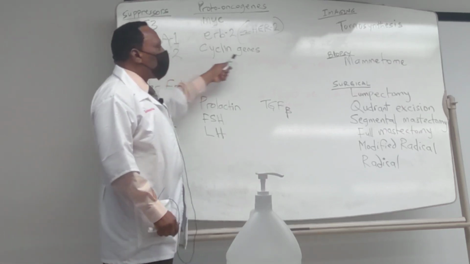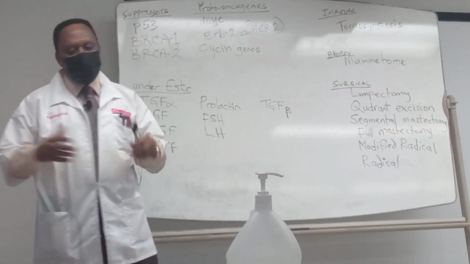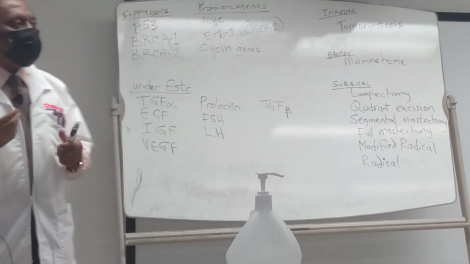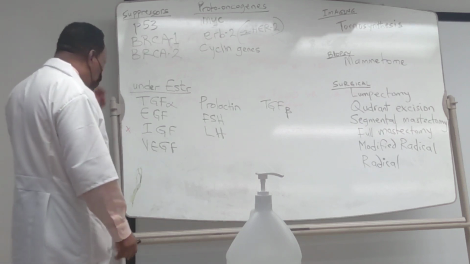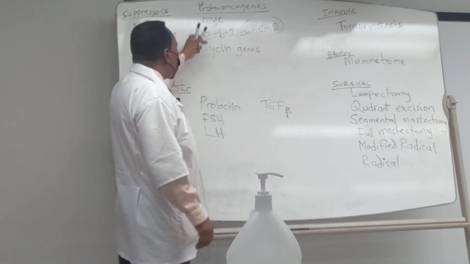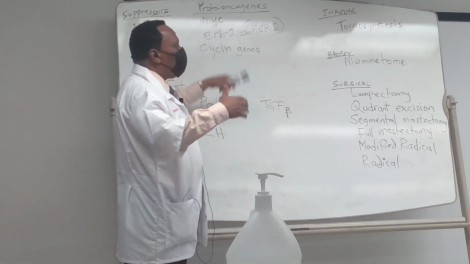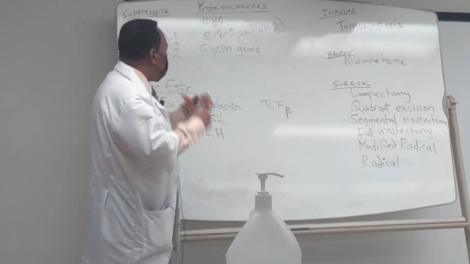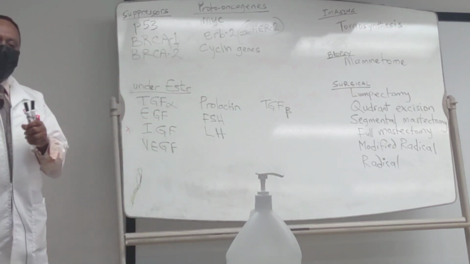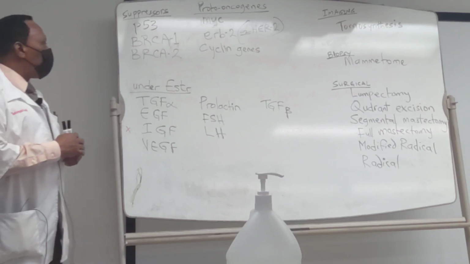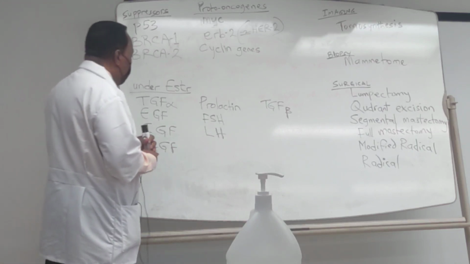And then the cyclin genes, the ones that can help to produce your cyclin-dependent kinases. Okay, so once those proto-oncogenes are activated, then you can see the rapid growth of the normal somatic cell, which has been modified to become a cancer cell.